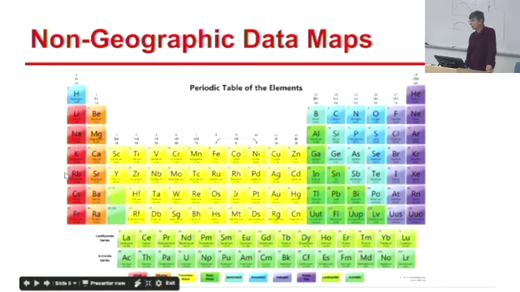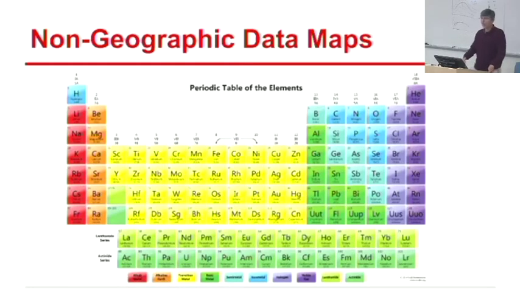Is that right? And that the organization of rows has some meaning here, right? And they were able to predict new elements they hadn't discovered because there was an open spot on the map, right? So I think the periodic table should be an inspiration. Often there are things that you want to draw, data that you want to represent, for which there is a figurative map-like presentation that isn't necessarily just geographic. Any questions?